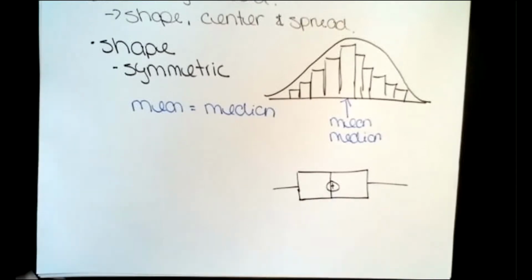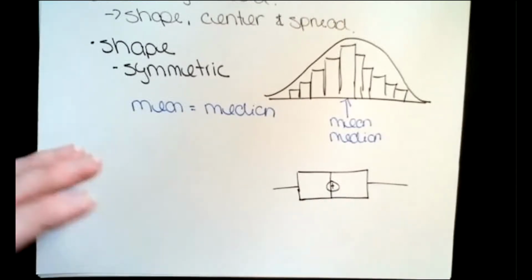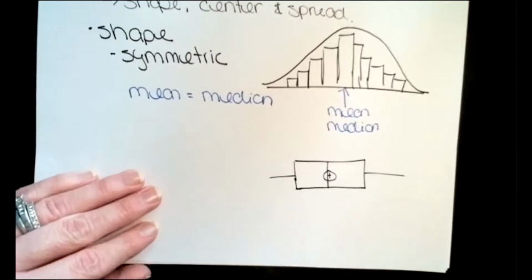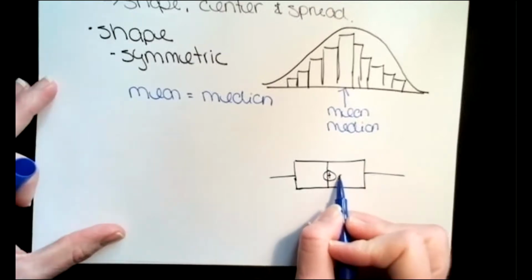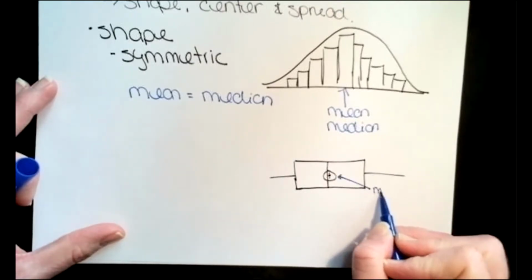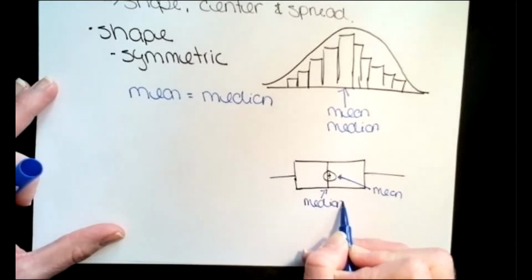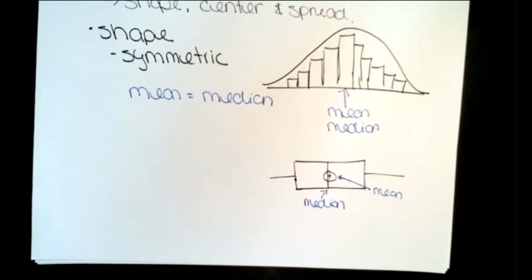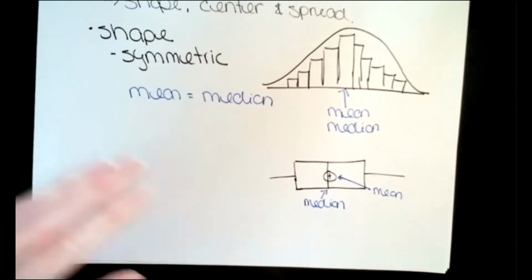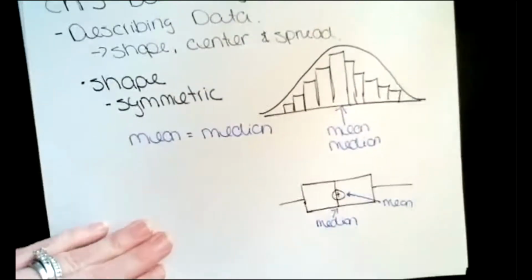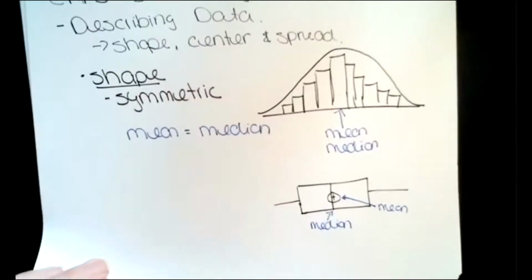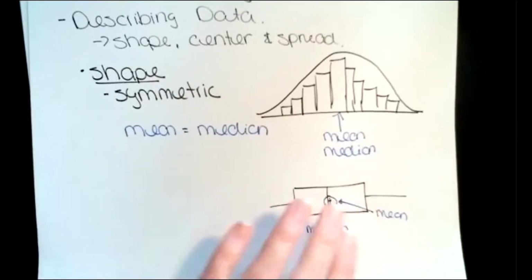I have it offset a little bit because it's real data. It's not always perfect, right? So they're fairly close. That's the mean, and then right here is the median. So the mean and median should be the same, okay? So that's our symmetric data set.